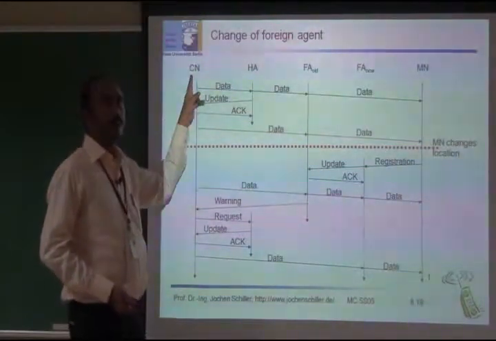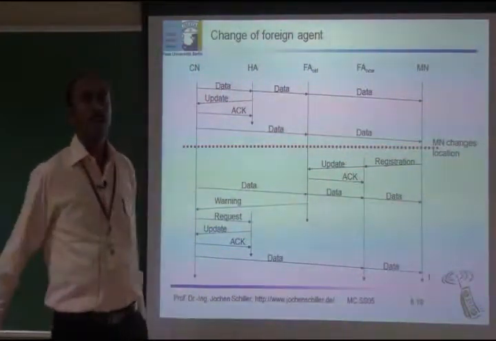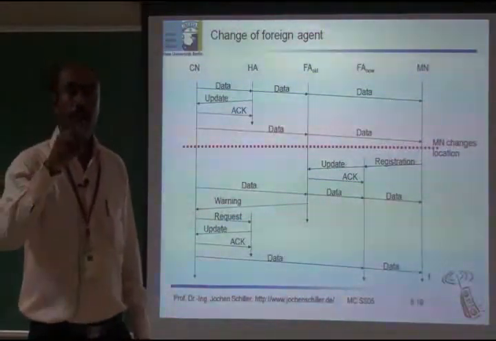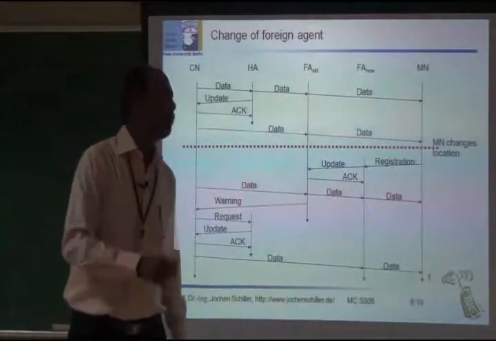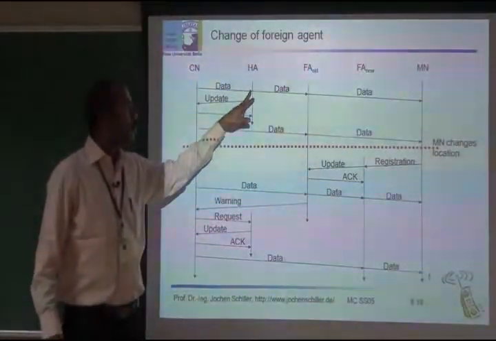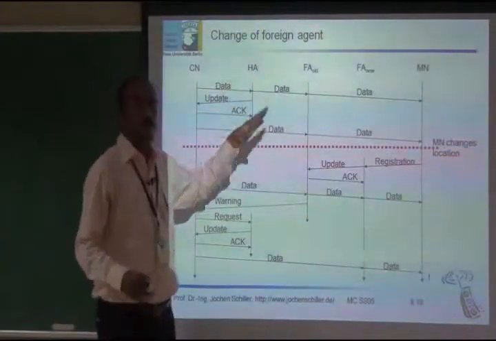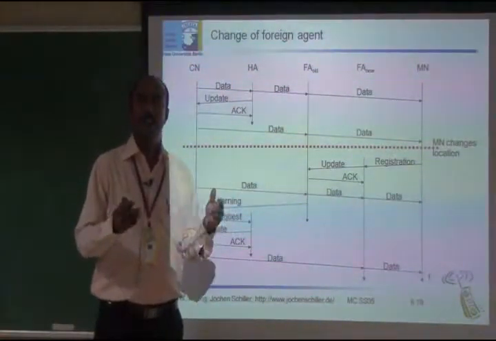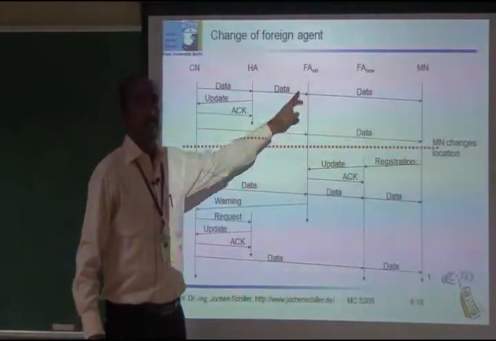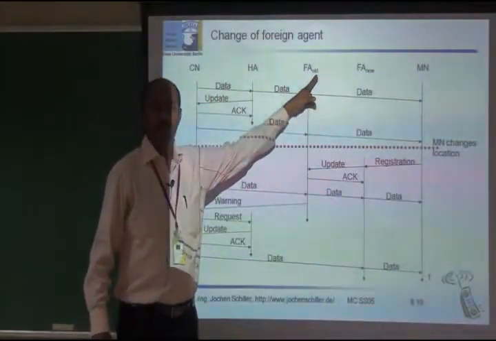What will happen? After the mobile node moves to the new location, how will the correspondent node identify where that particular mobile node is present at this particular time? The correspondent node will send the data to the home agent, and the home agent, which already has the information about the foreign agent, will forward the data to the old foreign agent.